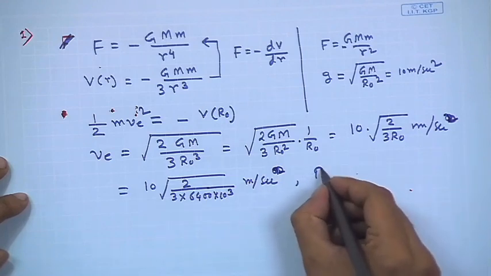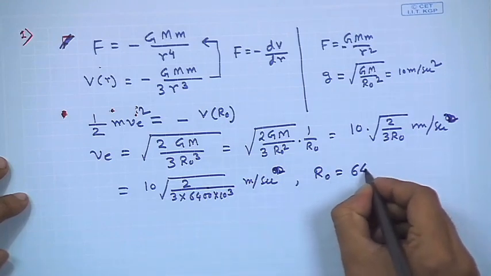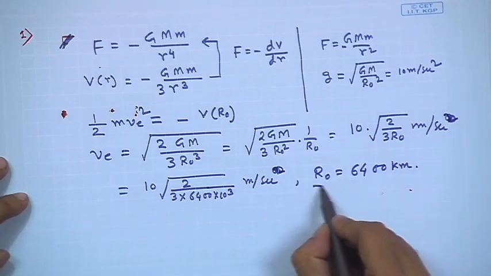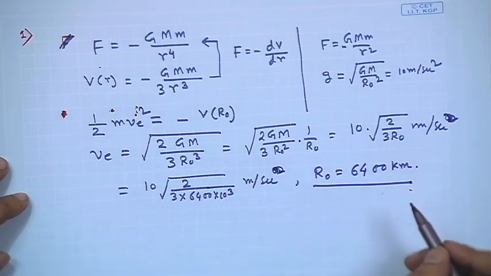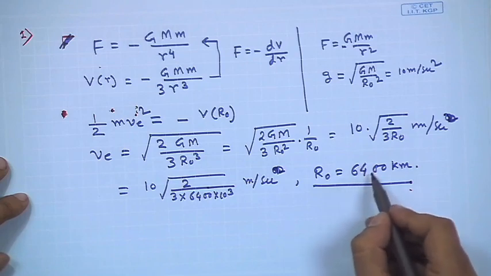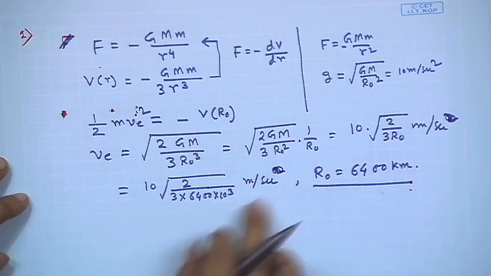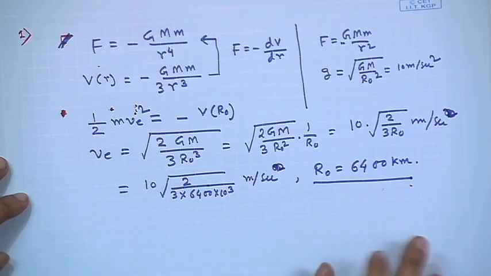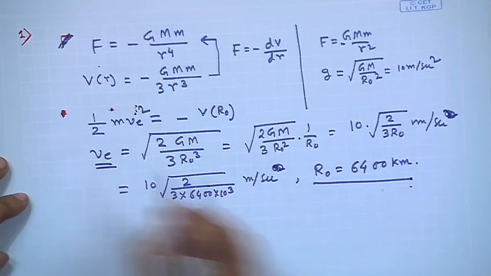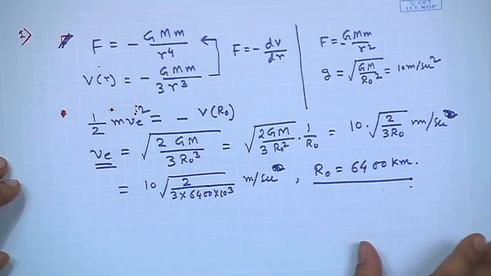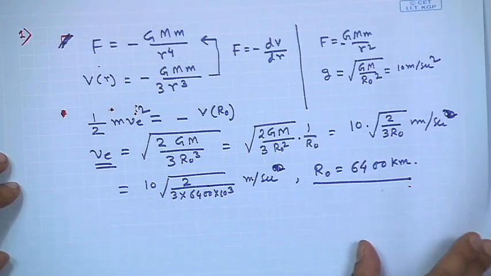We have taken r 0 as 6400 kilometer, which is the standard value for average radius of earth, which is once again not very accurate. It is actually 6378 something, but for this calculation we can take 6400. So, if you put these numbers, you will get a value for escape velocity. I leave it to you. I want you to finish this yourself, right.